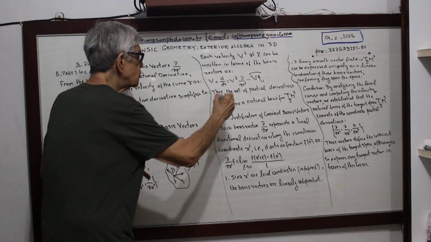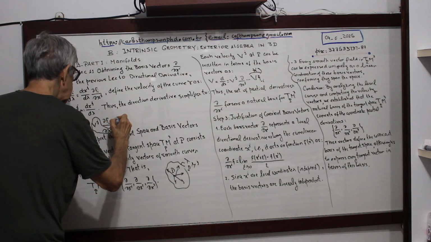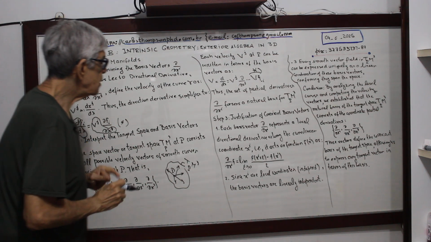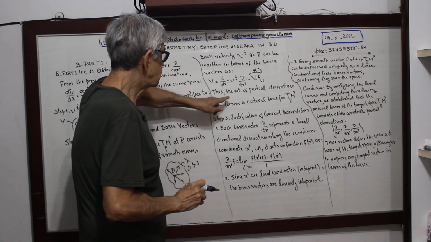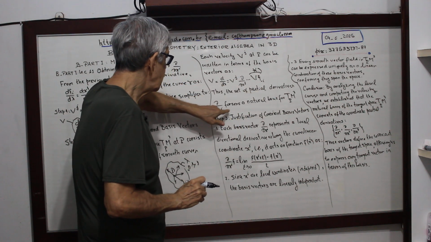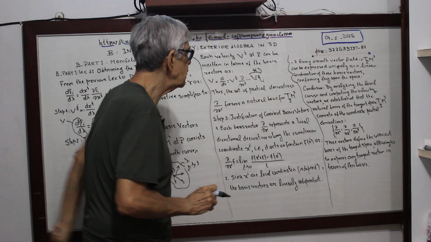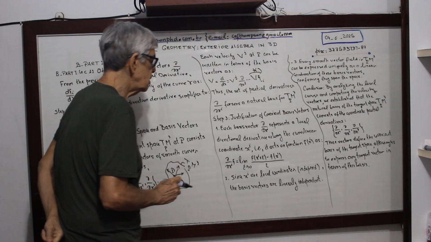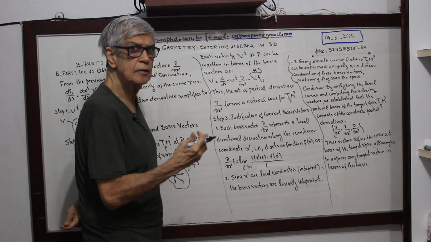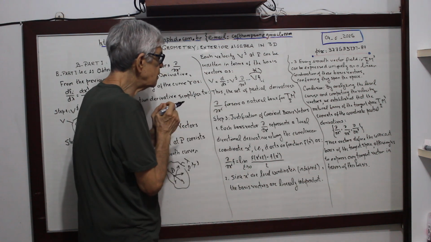So this expression here is this one over here. You just compare. Now, the set of partial derivatives forms a natural base for the tangent space. Okay? Now, for higher dimensions it's the same way.